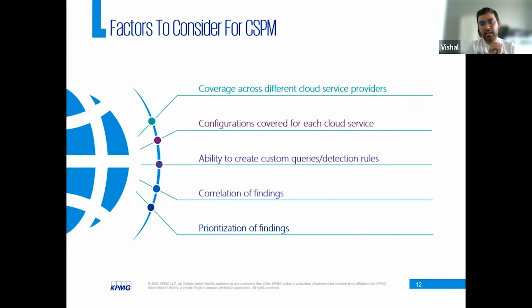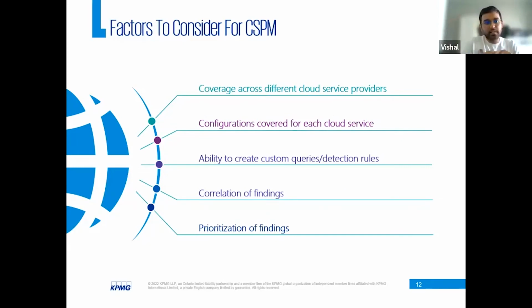If there are similar types of weaknesses, are they correlated, or is there some business logic? For example, there may be critical assets tagged with a production-critical tag. So are solutions taking that type of context into account when prioritizing the findings or not?